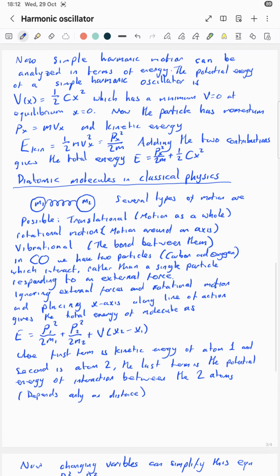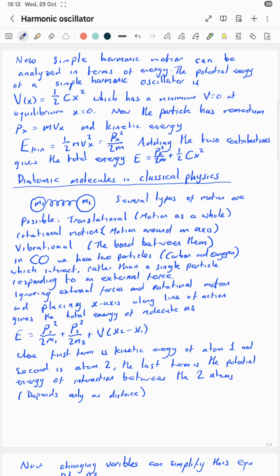Now, simple harmonic motion can be analysed in terms of energy. The potential energy of a simple harmonic oscillator is V of x equals 1/2 c x squared, which has a minimum V equals 0 at the equilibrium x equals 0.